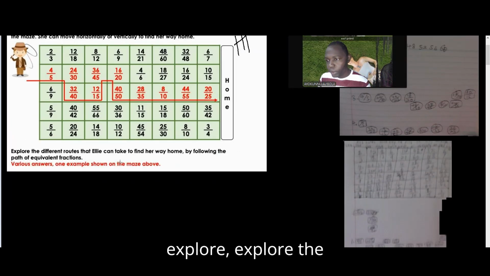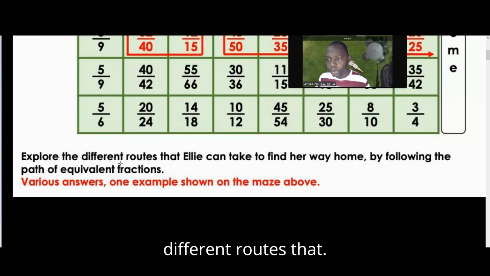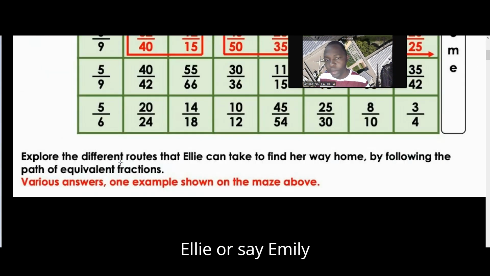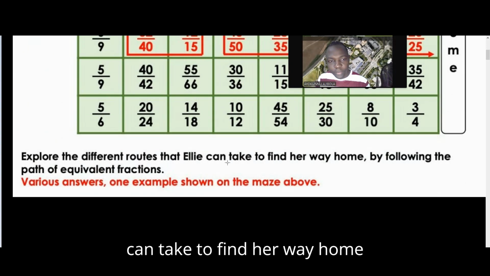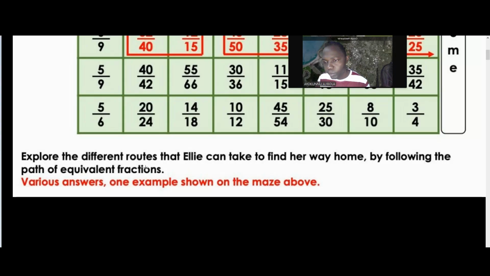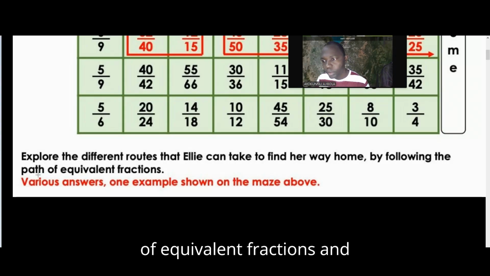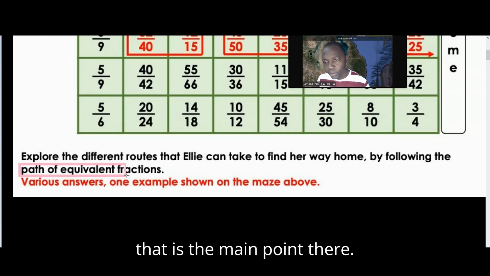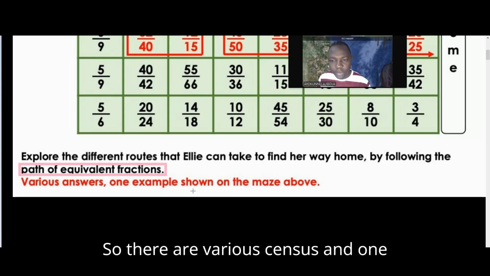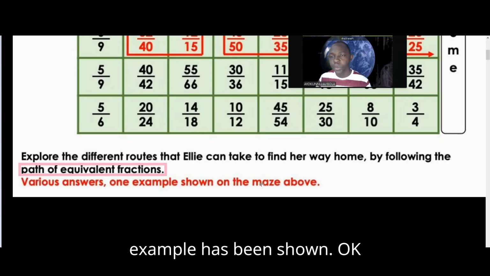Now, explore the different routes that Emily can take to find her way home by following the path of equivalent fractions, and that is the main point there. So there are various answers, and one example has been shown.